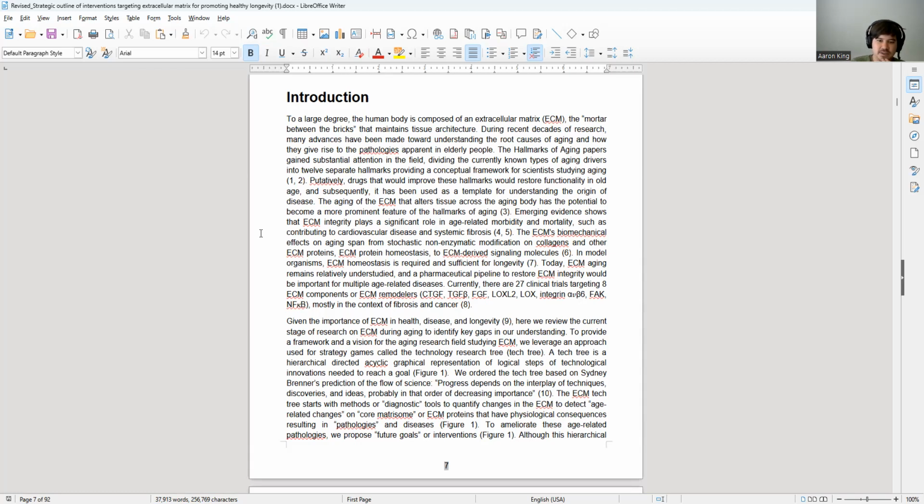That becomes a problem for us because we are actually mostly ECM. Most of our body is ECM material. The most abundant protein in your body is collagen, and it's by far the largest problem in terms of volume that we face when it comes to health.